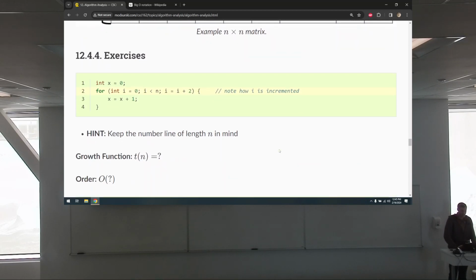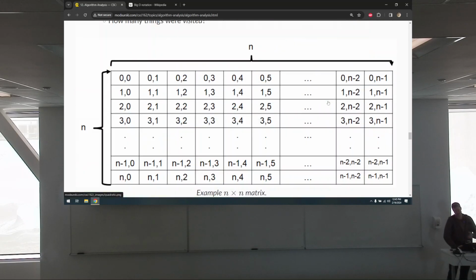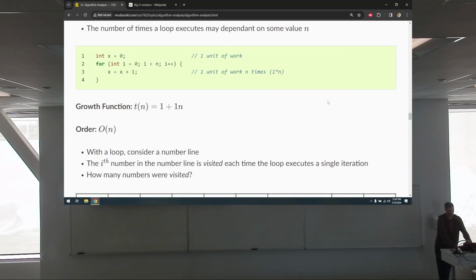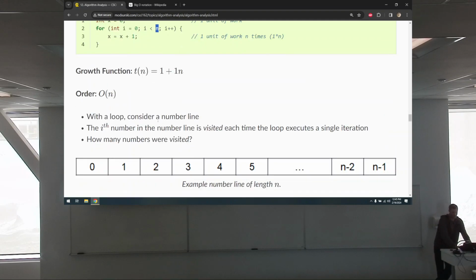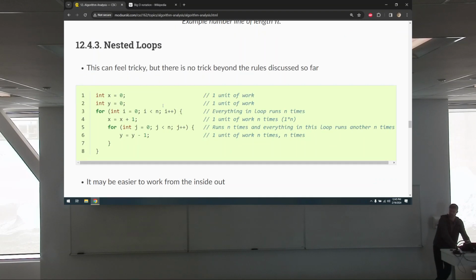So here's my big pause. I told you, usually whenever you see a regular loop and you've got a loop to some n, where n is some variable value, it's going to be linear. It's going to be order n. Whenever you see nested loops, your brain usually goes to n squared. That's usually your first assumption.